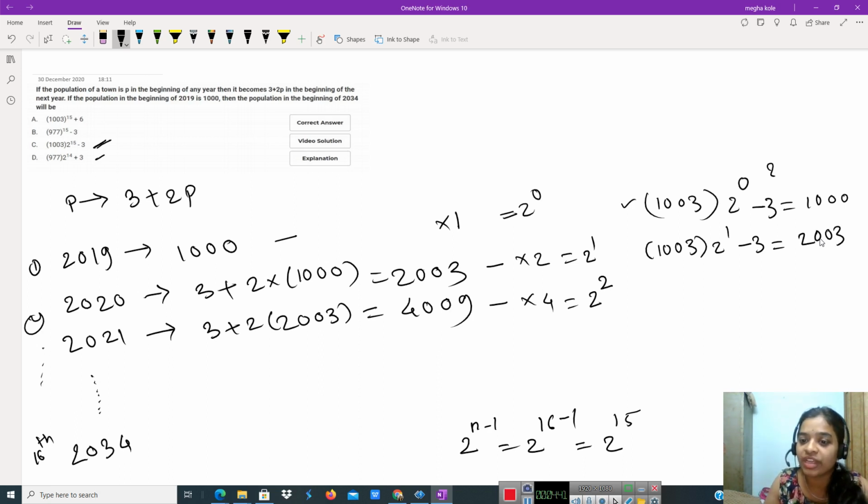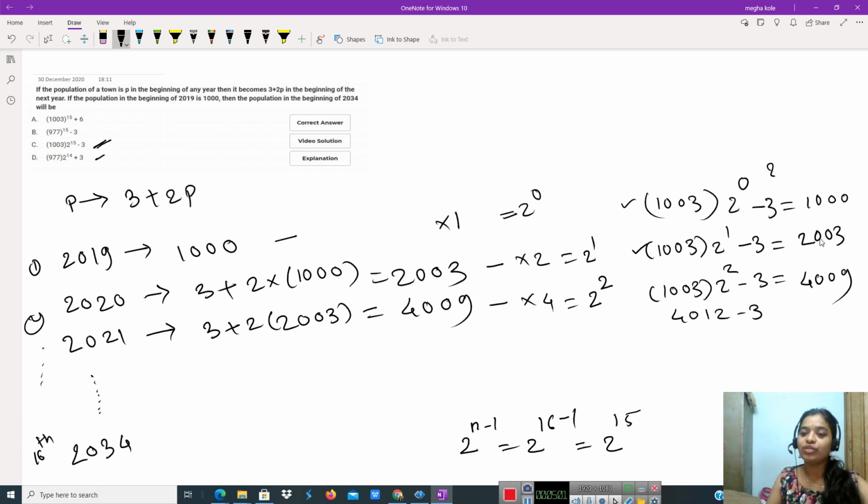So this is satisfied for the second also. Similarly, we check the third one, 1003 into 2 raised to the power 2 minus 3, that is 4012 minus 3, equal to 4009. So our condition is satisfied for 3 years. So the logic we used is correct, and the answer is option C.